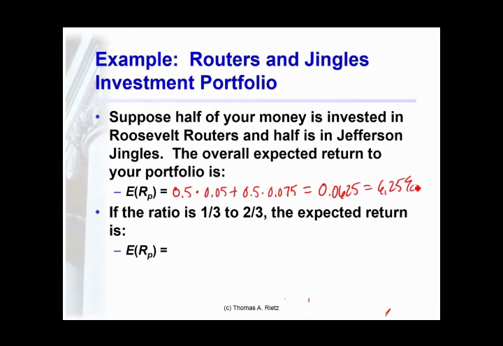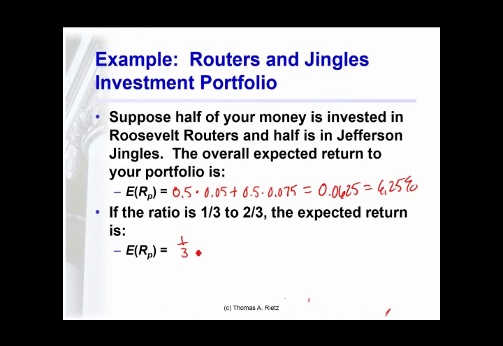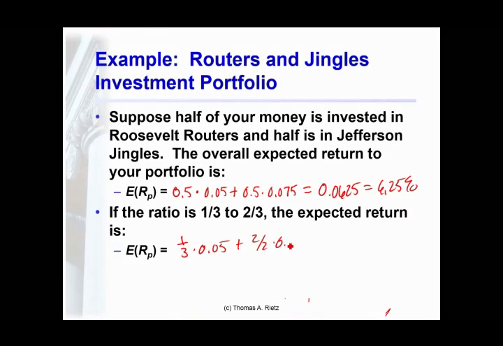If you were to change the weights and a third of your money was in Roosevelt Routers and 2/3 in Jefferson Jingles, this would push the average closer to Jefferson Jingles, because 2/3 of the weight is on Jefferson Jingles' return.